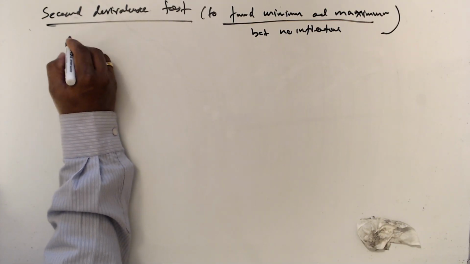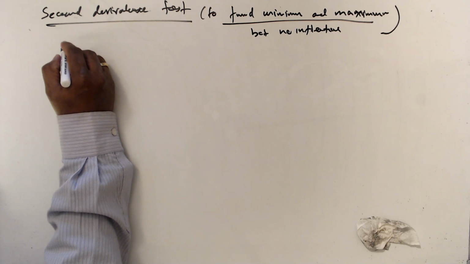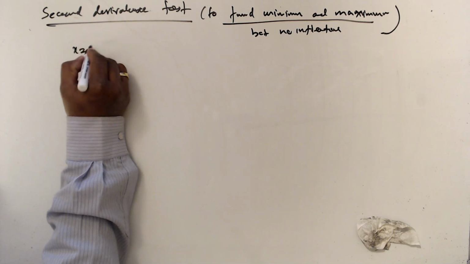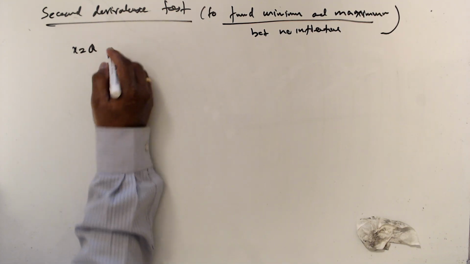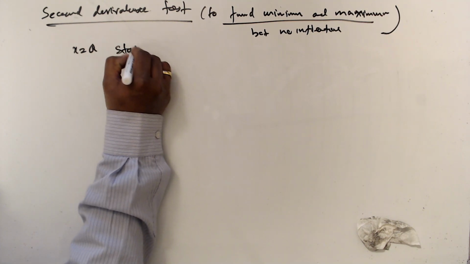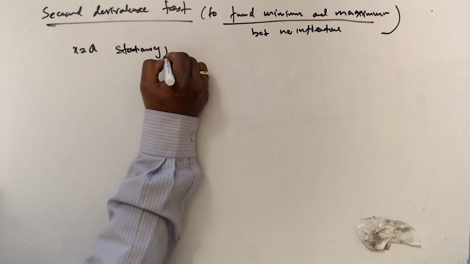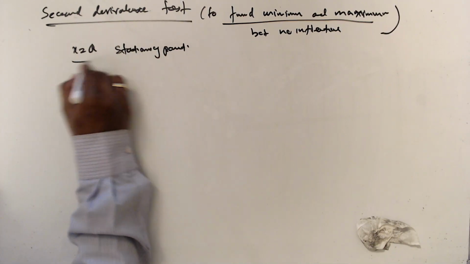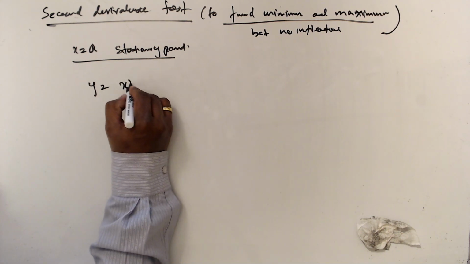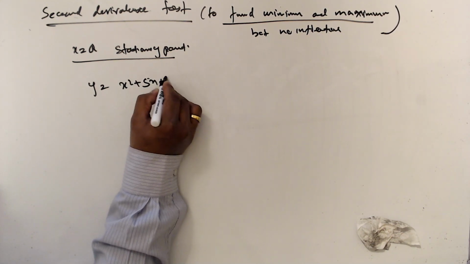This is the theory. Assume that when x equals a, it is a stationary point. Now how do you find a stationary point? Assume you have a curve x squared plus 5x plus 6.